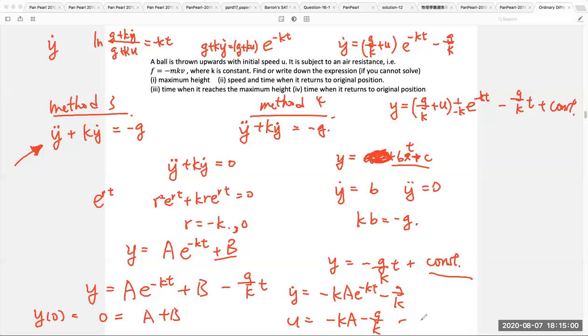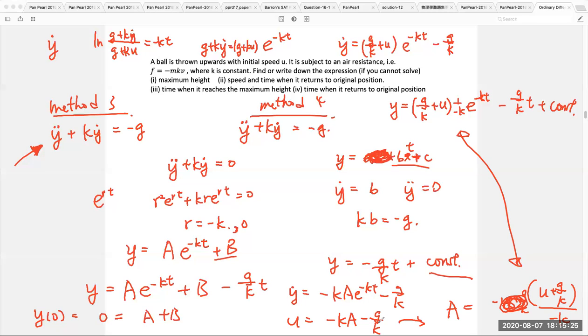If you look at the constant A, negative (u plus g over k) divided by negative k, so they are the same actually.